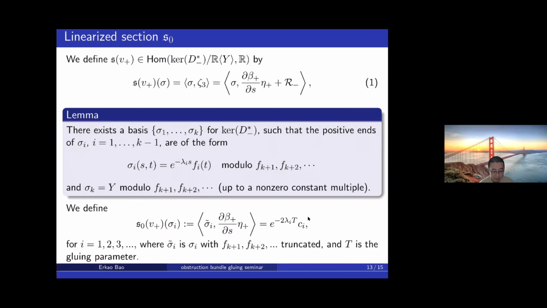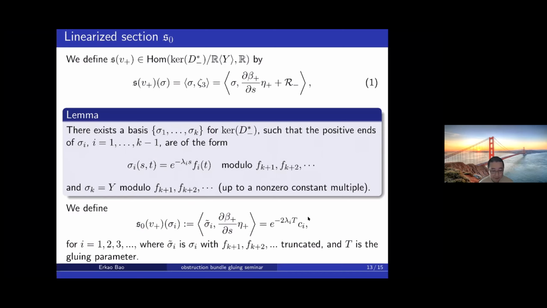Here I put a tilde over sigma i, where sigma i tilde is sigma i with all the higher terms truncated. You set them to 0. And also I throw away the garbage term. So this is the definition of the linearized section that we use.